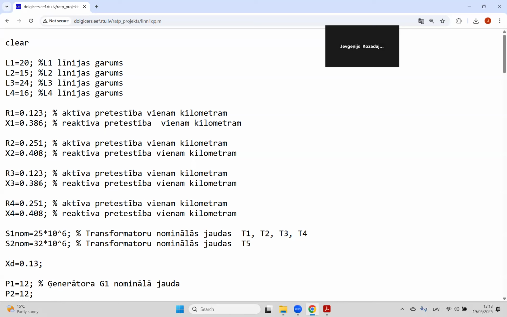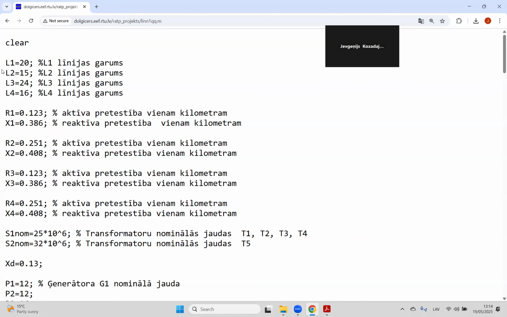For example, here we have 4 lines, you have 3 lines, and so on. These are just input parameters: how many transformers you have, what the reactances of every transformer are, how many lines you have, and what the impedance of the line is. You need to multiply the impedance for 1 kilometer by the length of the line. So very simple. For this part, you just need to write your input values.